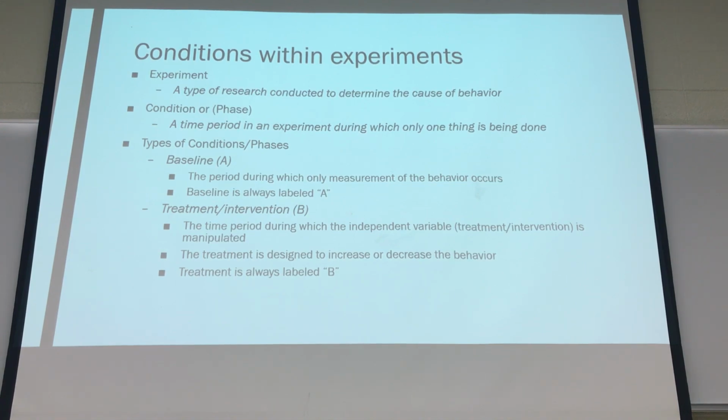Experiments have conditions. A condition is where we are doing something and only that something in that condition. Okay? So we already talked about an experiment. I gave you a little lead in here. An experiment is a type of research conducted to determine the cause of behavior.